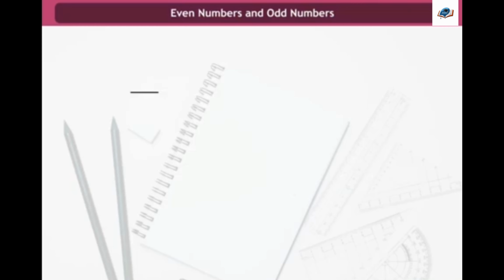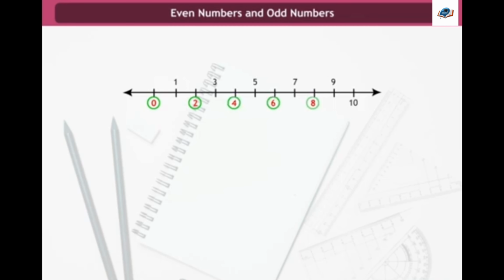Even and odd numbers. Children, here we will learn about the different types of numbers. Let us first recall what are even numbers and odd numbers with the help of a number line. The numbers which are divisible by 2, that is 2, 4, 6, 8 and so on, are called even numbers.